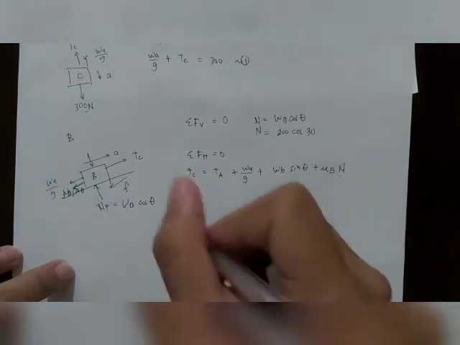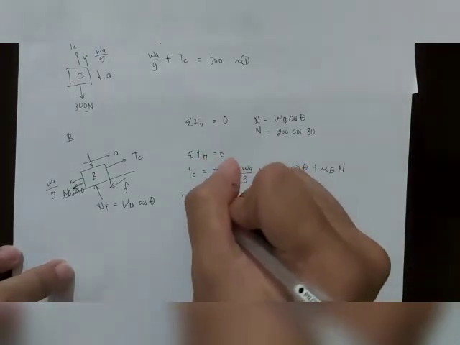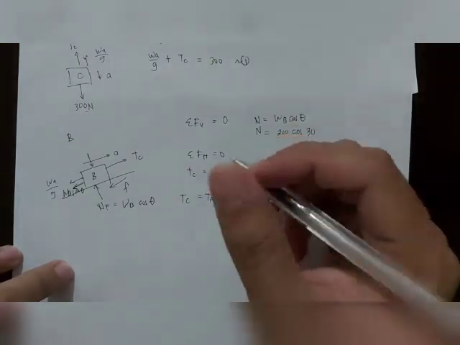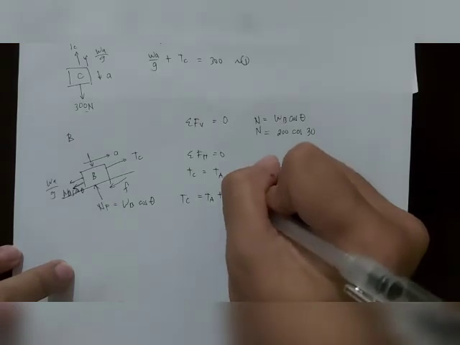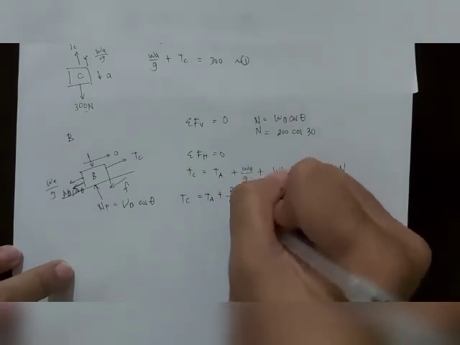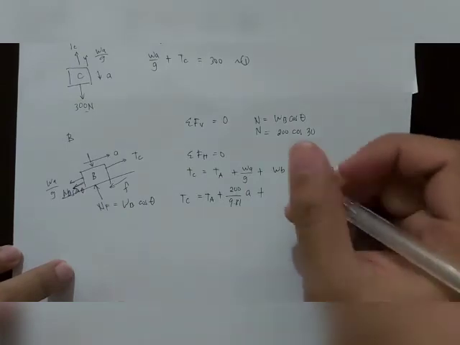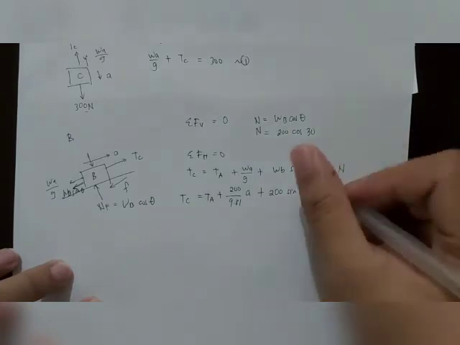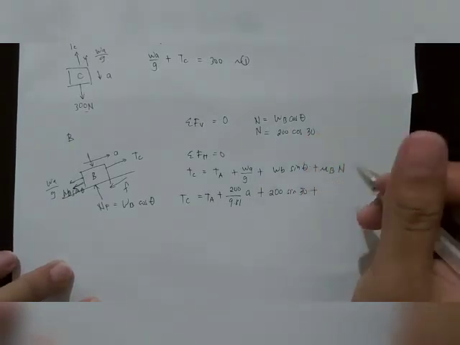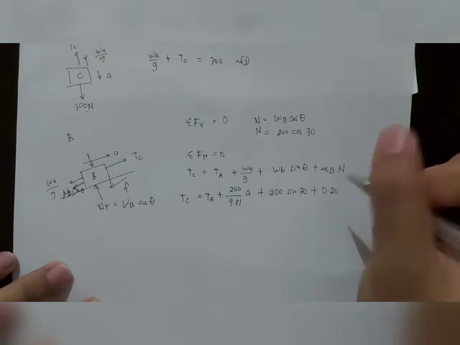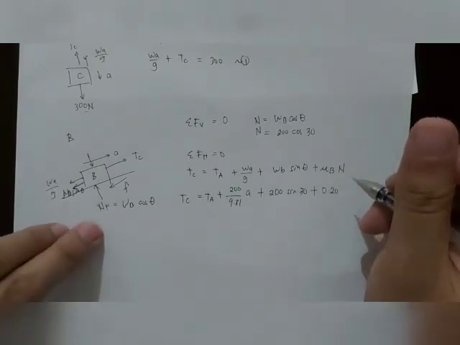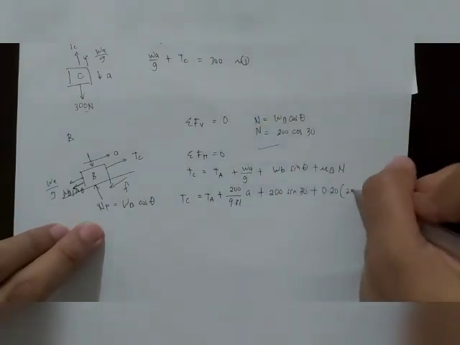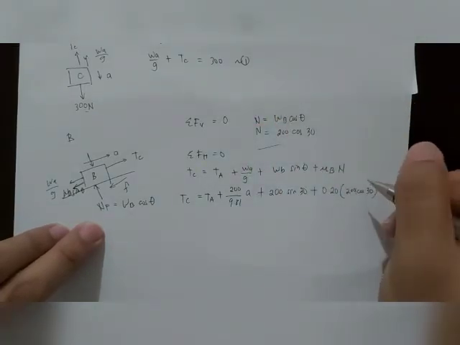So substituting the values, we have T sub C is equal to T_A plus W_A over g, or the weight of A is 200 all over 9.81 times the acceleration, plus the weight of B is 200 sine 30, where the angle is 30, plus mu for B is 0.20 times the N, which is 200 cosine 30. Okay?